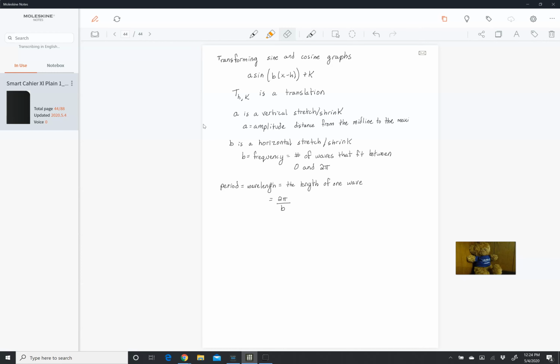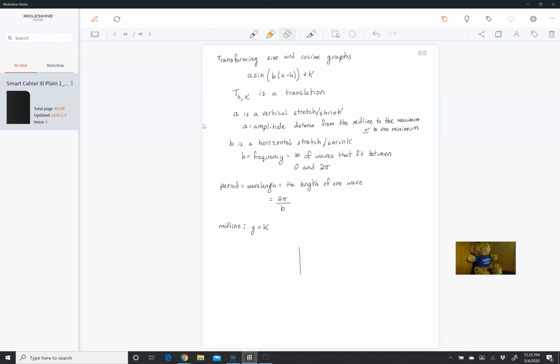I'm going to say to the maximum. So the midline is y equals k. So what does the midline mean?